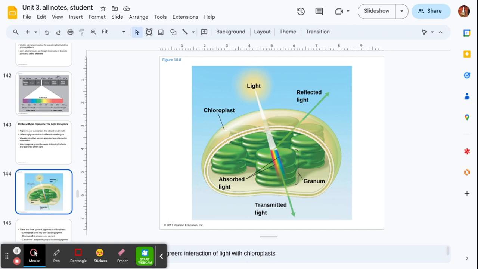So when light penetrates the chloroplast and goes to that thylakoid, where those chlorophyll pigments are, they trap light energy. They will trap all light energy except for green. Green gets reflected back. And it's the green that bounces back and hits our retina and says, hey, this plant is green.